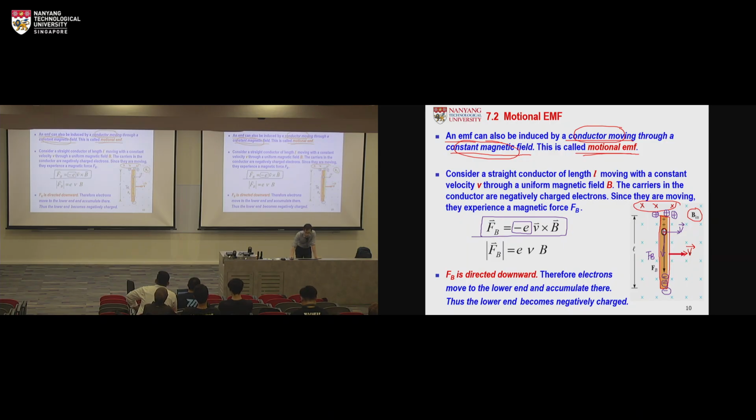So now, of course, you basically need to figure out when this charge accumulation will saturate, right? When will this charge accumulation saturate?